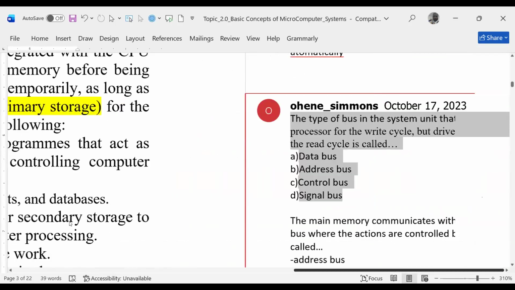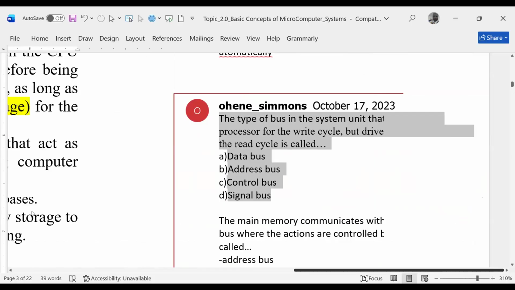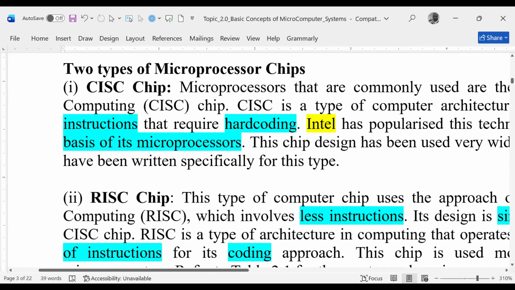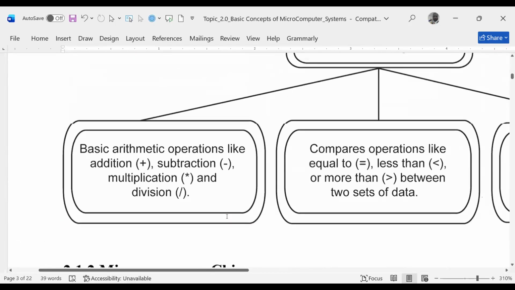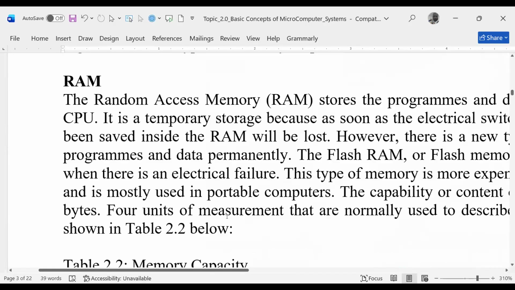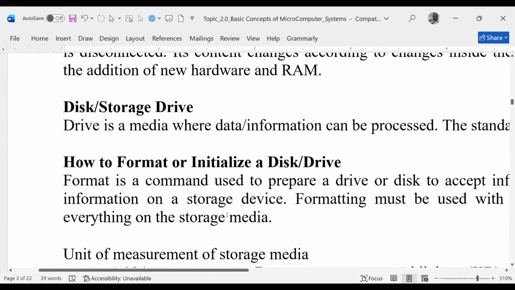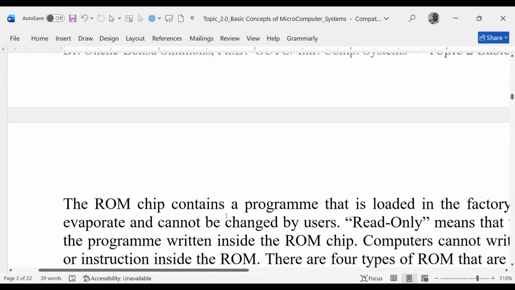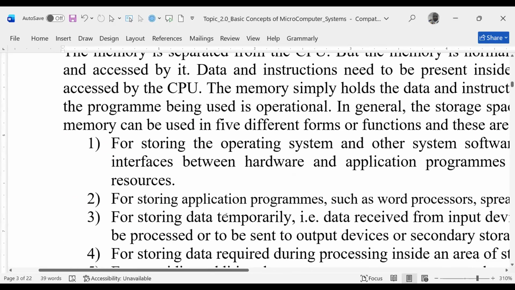Let me show you that side and read quickly. Where we have the bus, I think it's under the memory, here.